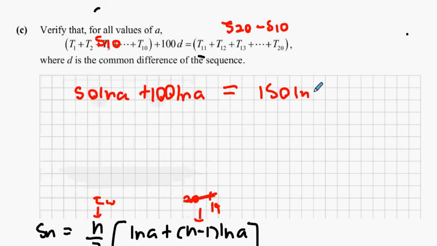And we've therefore proven that 150 ln a equals 150 ln a. Undusted.